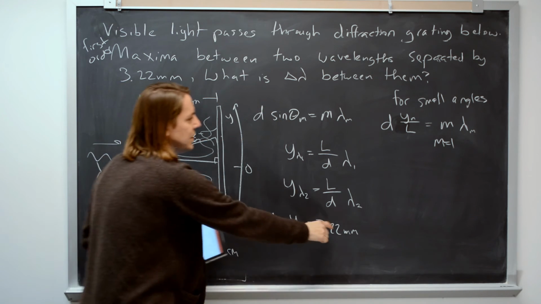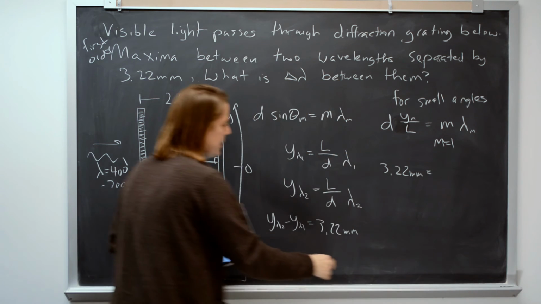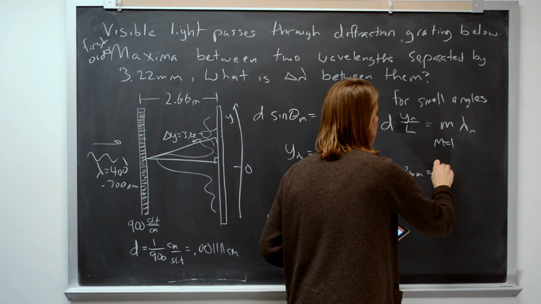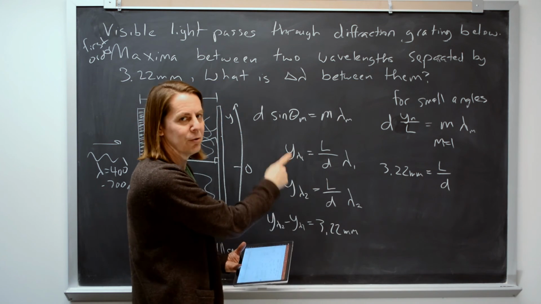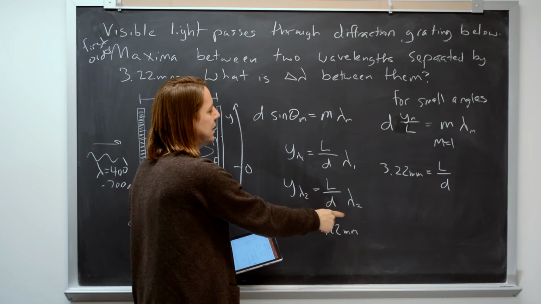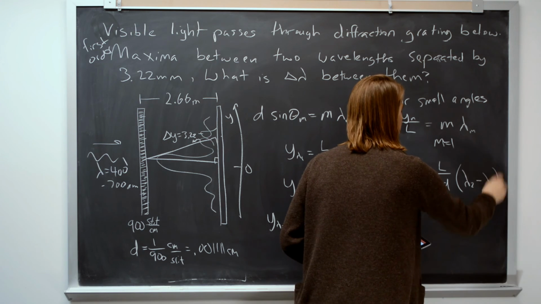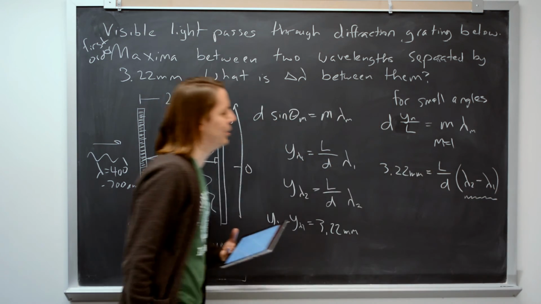So you can see we just got to say 3.22 millimeters equals this expression minus that expression, L over d times lambda 2, but notice they both have an L over d in front of them. So we can just say L over d times lambda 2 minus lambda 1. Oh my goodness, this is what we're looking for right here. The difference in the wavelength, lambda 2 minus lambda 1.